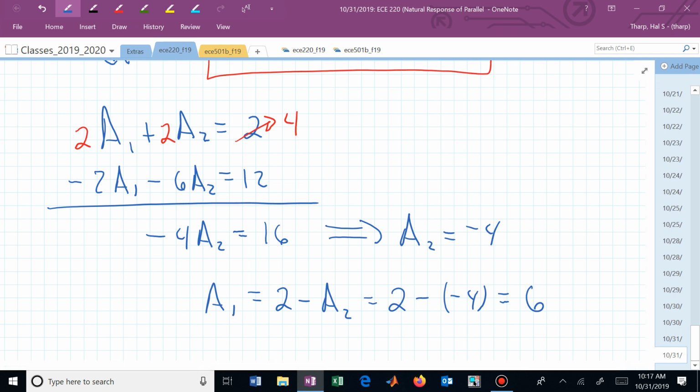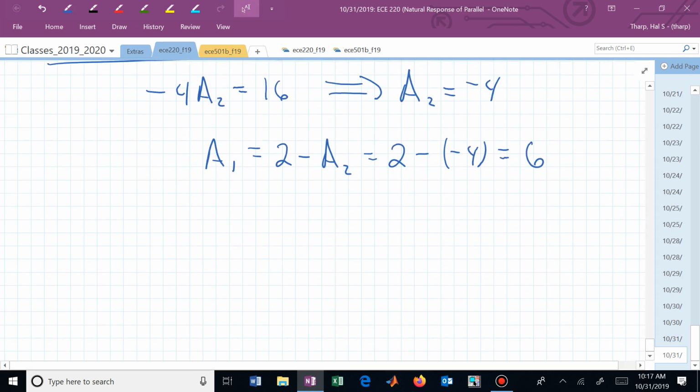Now I know what my inductor current is that satisfies that parallel RLC circuit. I sub L of t is equal to A1, which is 6, e to the minus 2t, that was e to the s sub 1t, plus a sub 2, which is minus 4, e to the s sub 2t.